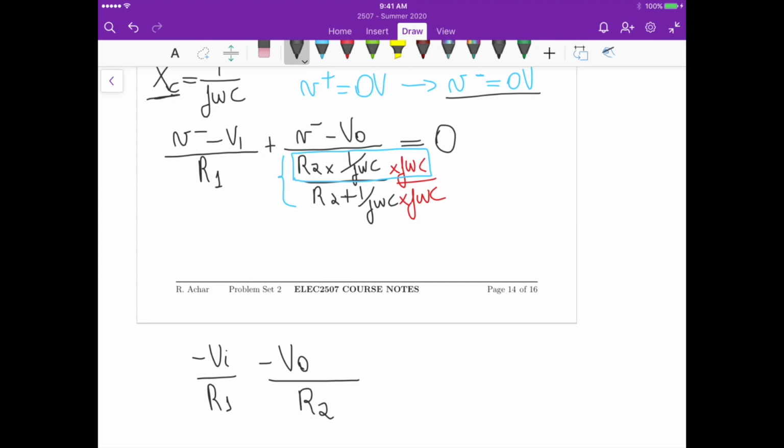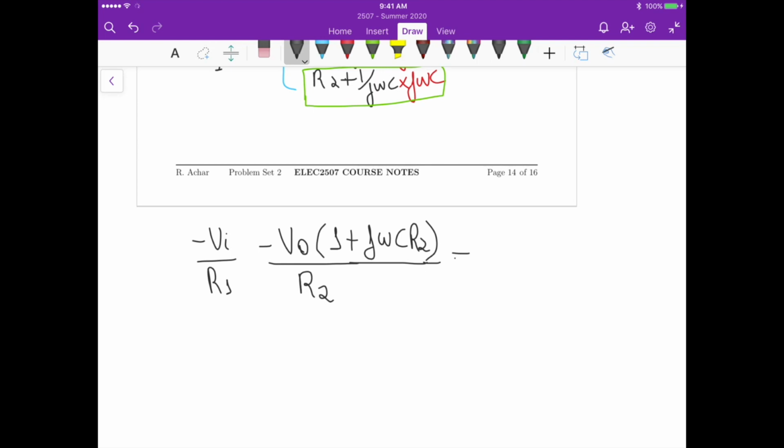And if we look at this part here, which is the denominator of our denominator, it multiplies the numerator here, V minus minus V out. And if we analyze this multiplication here, it's the same as 1 plus j omega C R2. So that's the equation that we have. Now from this point we can isolate, so that should be equal to 0.